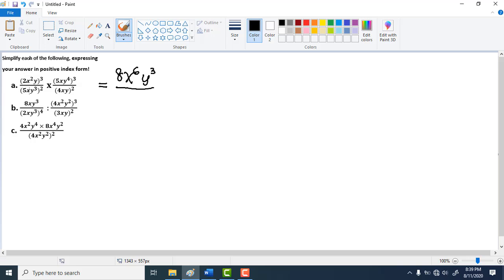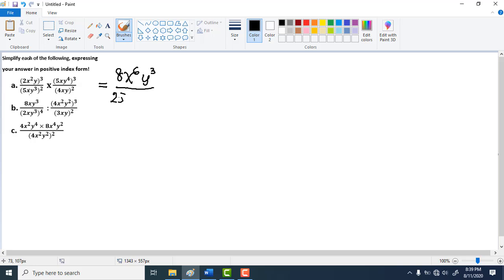Next, for the denominator, 5xy to the power of 2, to the power of 2. 5 to the power of 2 means 5 times 5 equals 25.